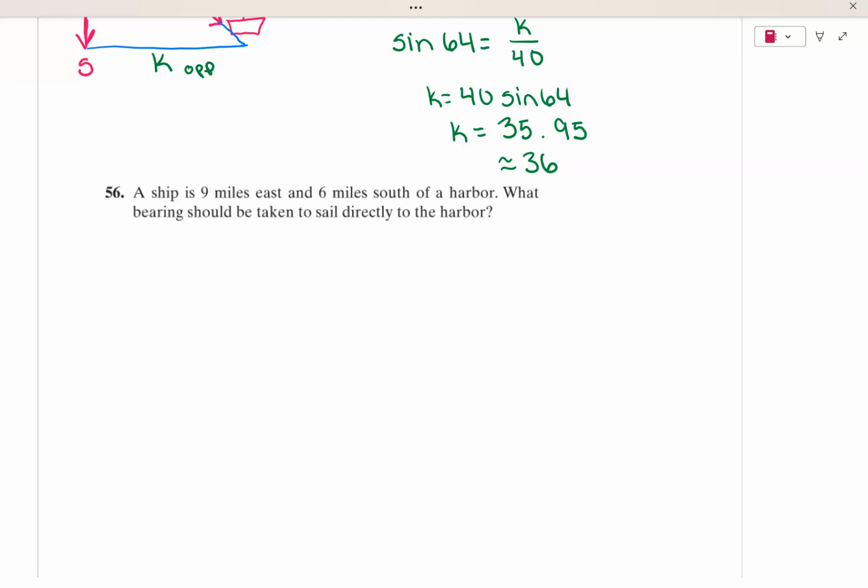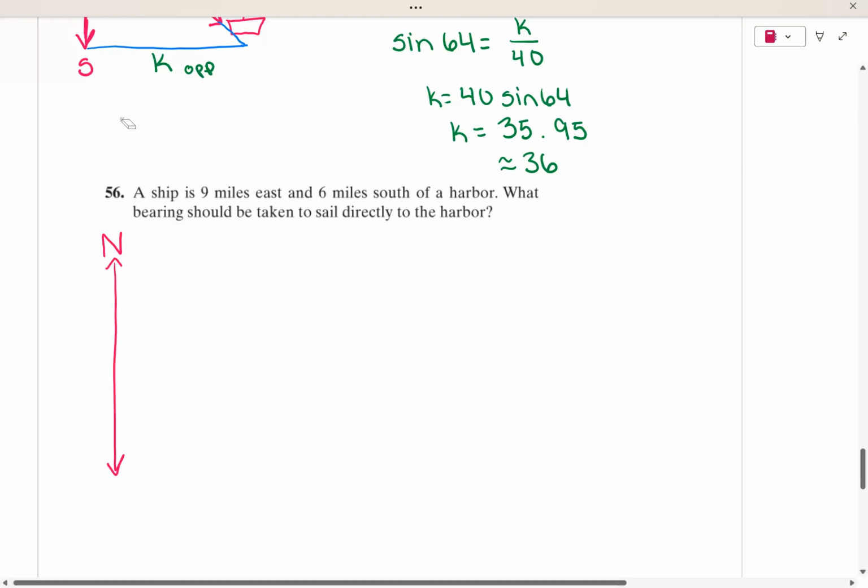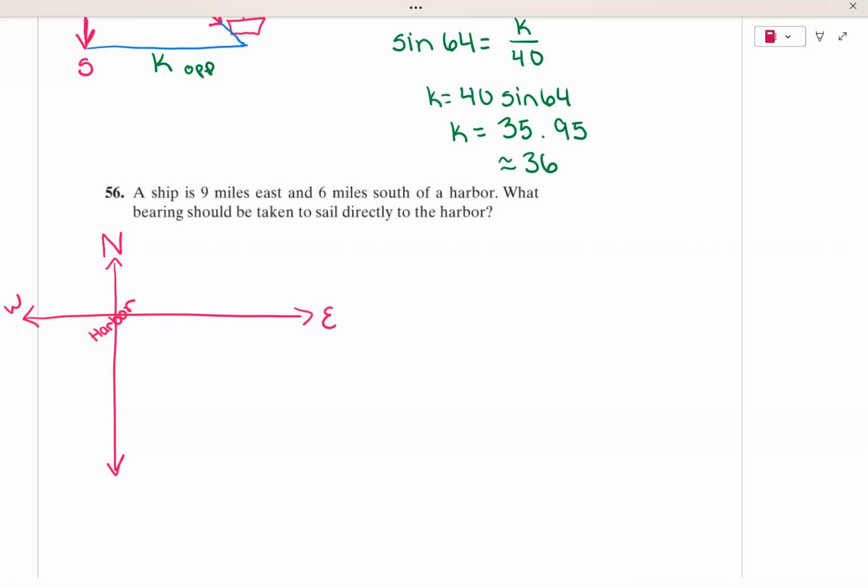Okay, so let's see what's taken off. Let's just say here's our north and south line, east and west. And I am just going to write harbor is right here. So we have some ship, and it is 9 miles east, 6 miles south. So this would make a triangle.